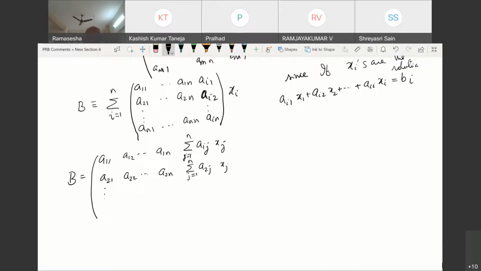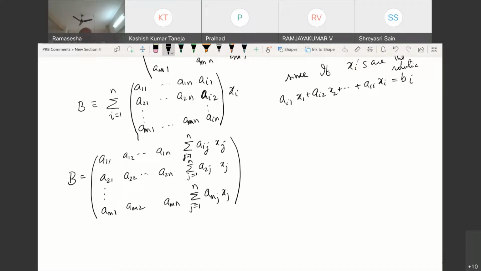Okay, and then I can write down am1 to amn, which must have been sigma over j equal to 1 to n of amj xj. Okay, so this is matrix B, right?